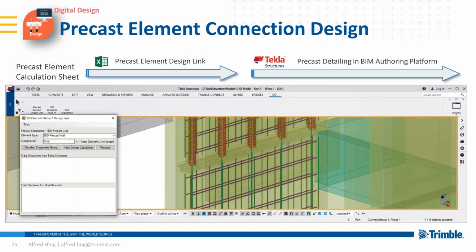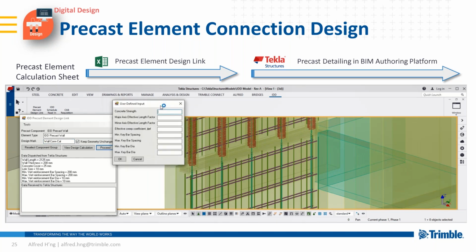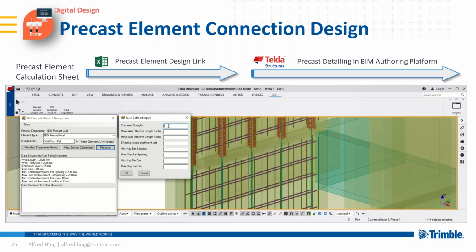We can see that the wall is about 2 meters in length, read from the BIM model into the calculations. Thickness is about 200 mm, concrete cover 25, existing link size 10 mm, etc.